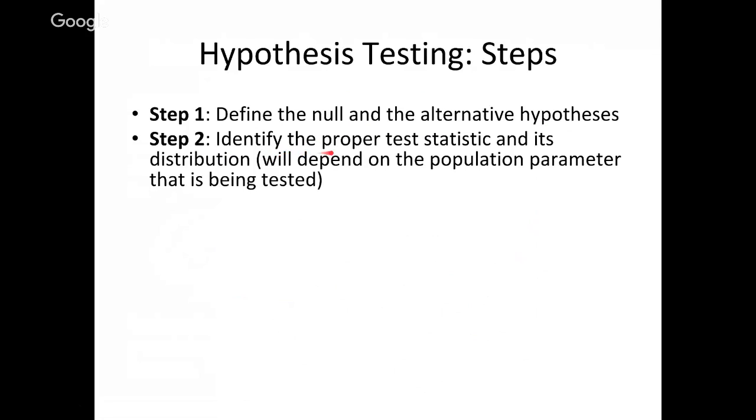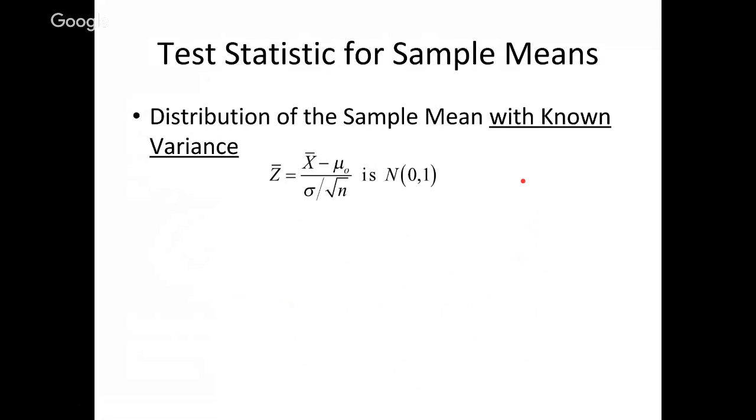Step 2, we need to identify the proper test statistic and its distribution. And that's going to depend on whether we know the population variance or not. And also, of course, the population parameter that is being tested. But we're going to focus specifically on sample means for the moment.